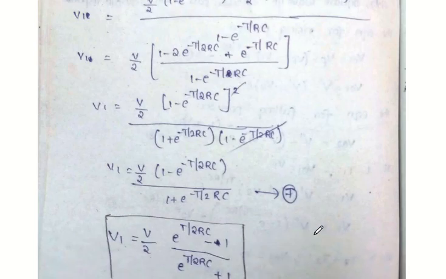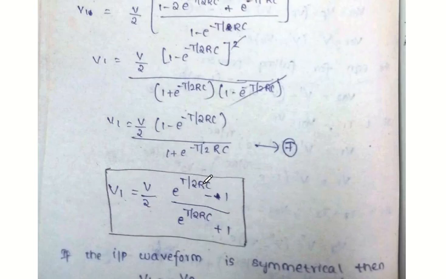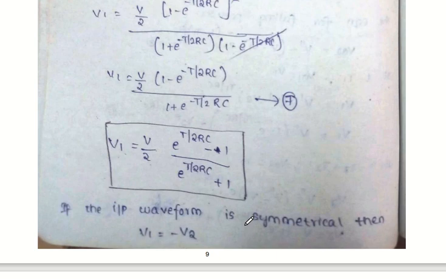If you want to simplify further, take e power minus T by 2 RC as common in both numerator and denominator. Then the resultant equation is obtained as V1 is equal to V by 2 into e power T by 2 RC minus 1 by e power T by 2 RC plus 1.